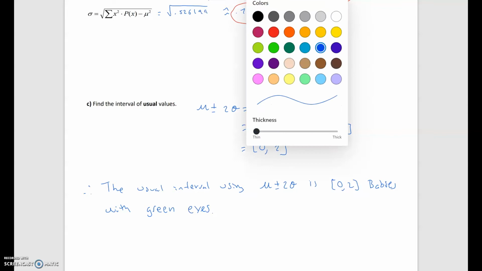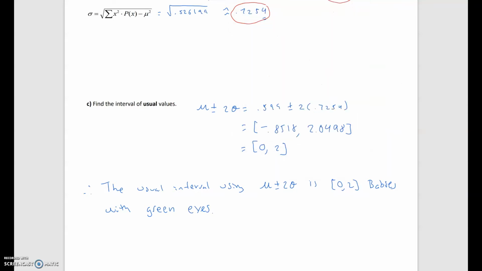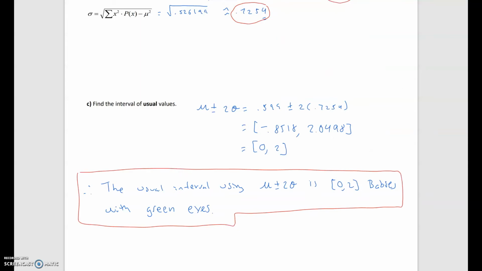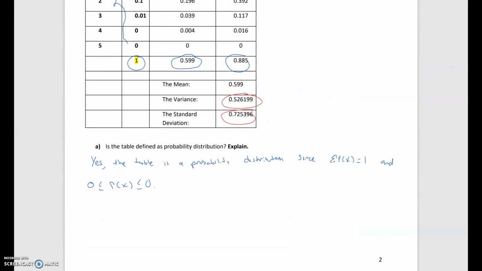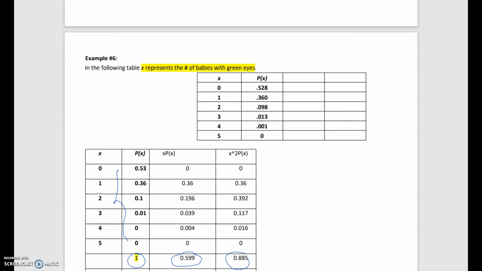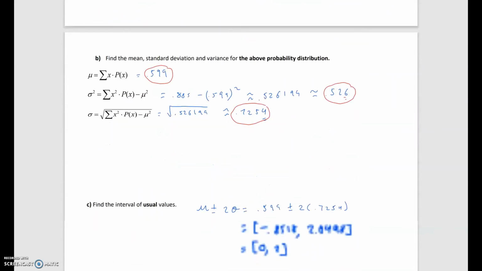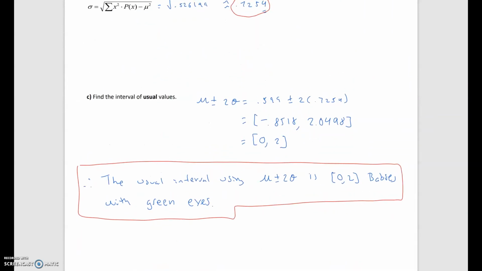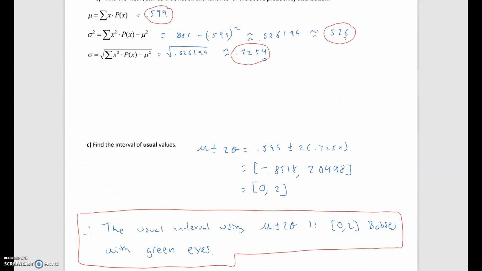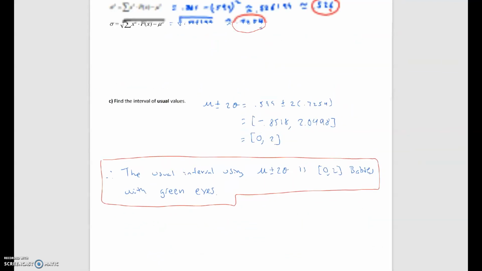That's actually it for this one. Let me check once more the calculation. Remember that all intervals are given with a sentence and then the unit and the formula. We have 0.599, 0.7254. Yep, that's actually it for this problem.